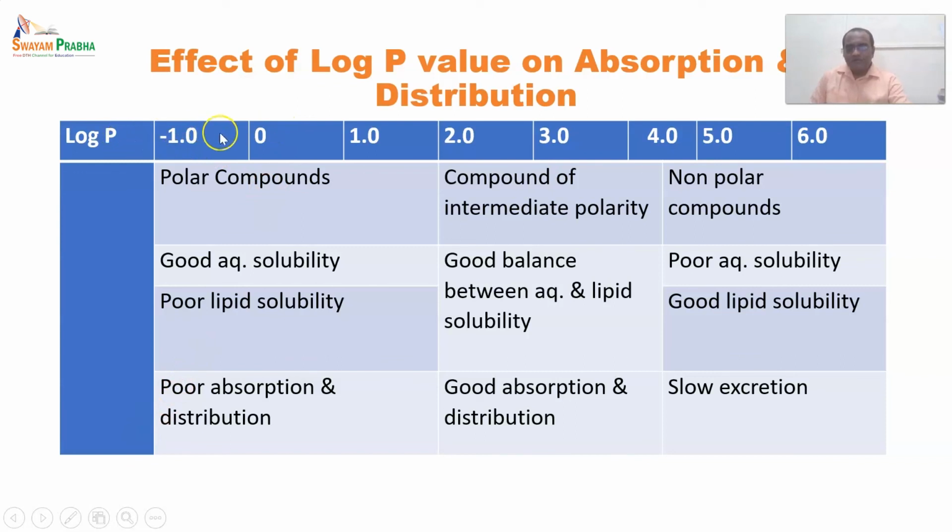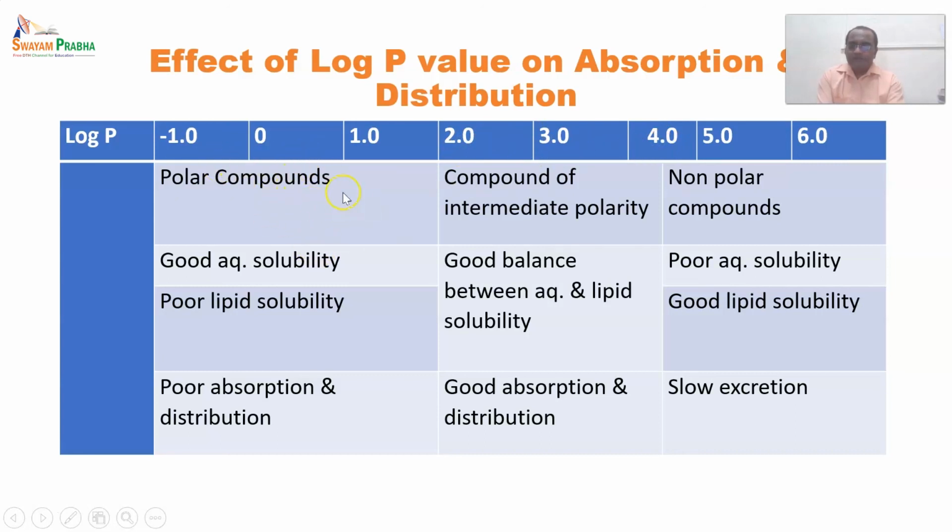So here you can see log P values of -1, 0, 1, 2, 3, 4, 5 and 6. When compounds are polar, they have log P values in this region. But when a compound is non-polar, it comes in this category, that is from 4.5 to 6 almost. And intermediate polarity, having lipophilic and hydrophilic balance equally, means these molecules will have a log P value around 2.0 to 3.5.